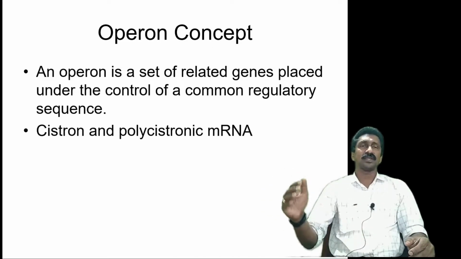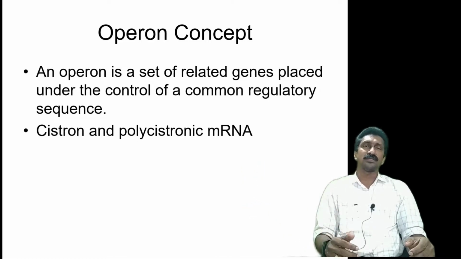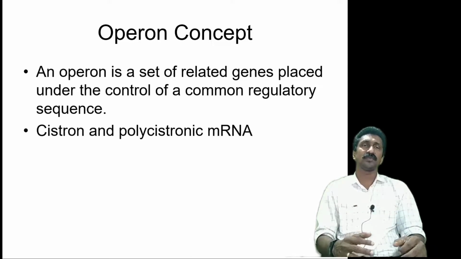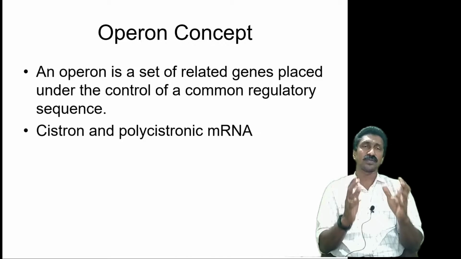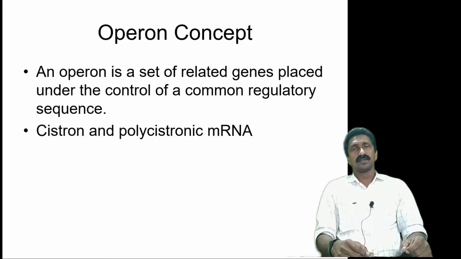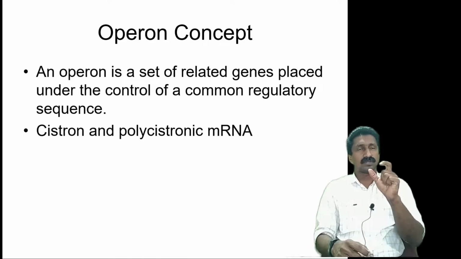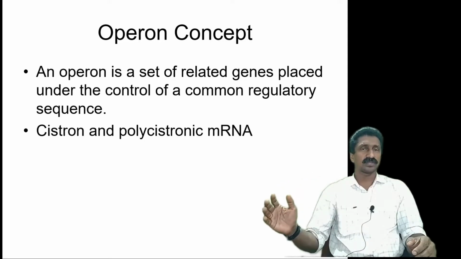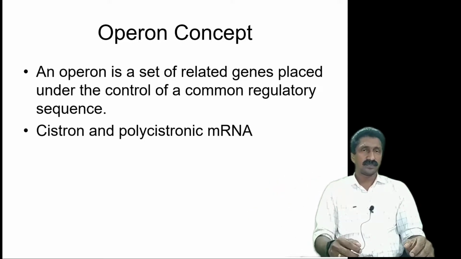Then subsequently it is translated into its concerned proteins, and usually these operons are designed for performing a particular task. For example, lactose utilization or tryptophan biosynthesis. So the cistron is the portion of the mRNA that corresponds to the production of a particular peptide.